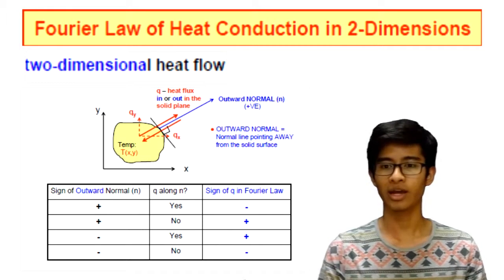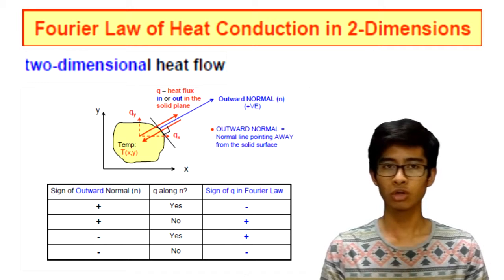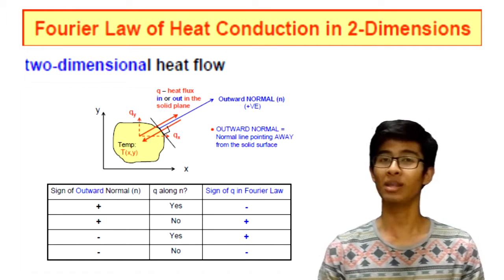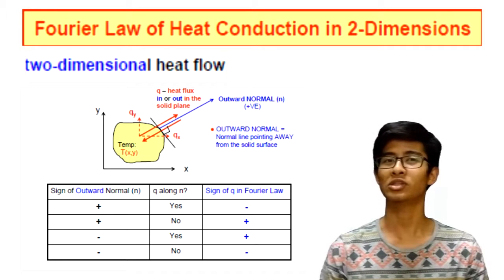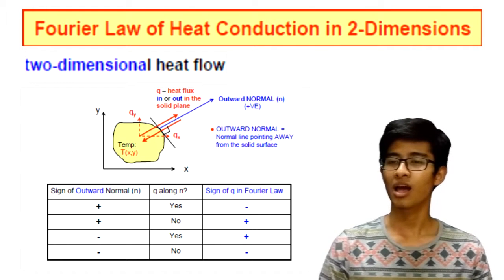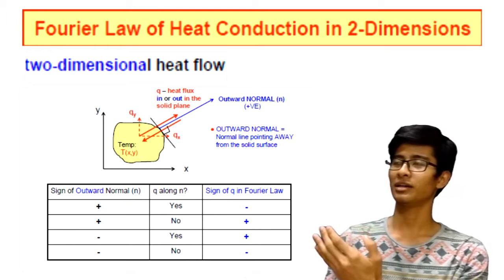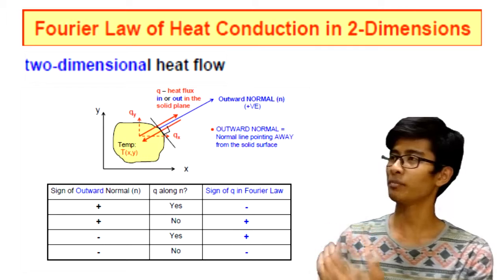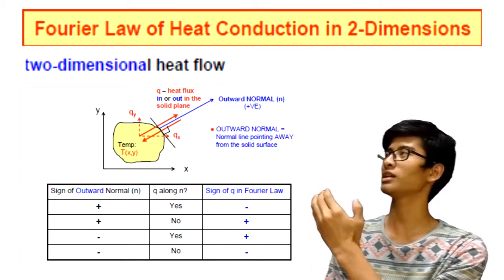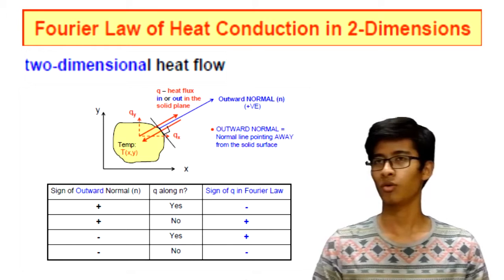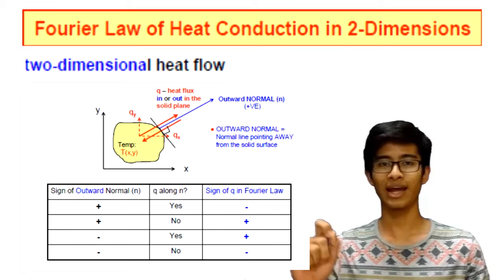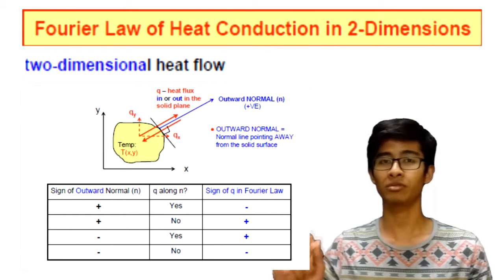The next step is to know the sign of the upward normal. The upward normal n is a normal line pointing away from the solid surface. As you can see in the figure beside me, when the normal line points to the right of the x-axis, it means a positive sign.